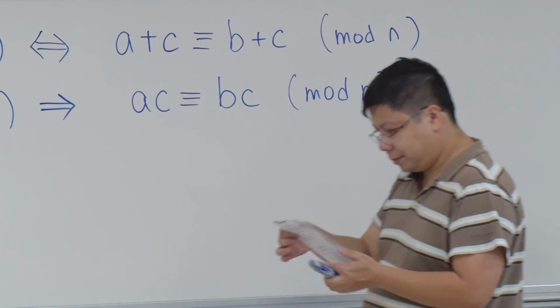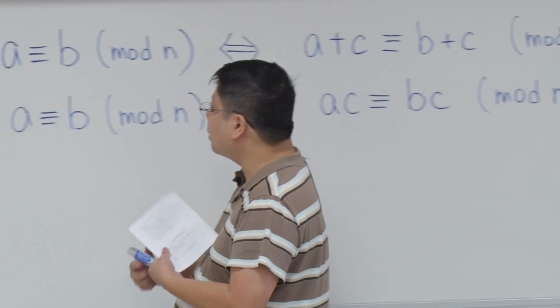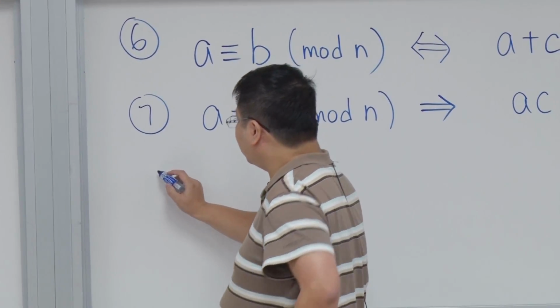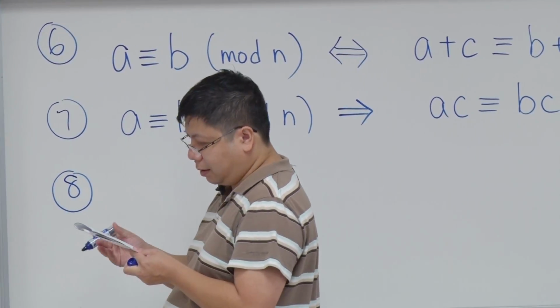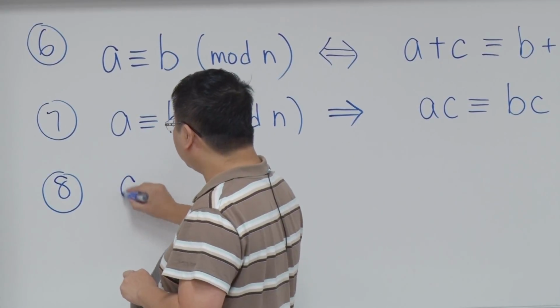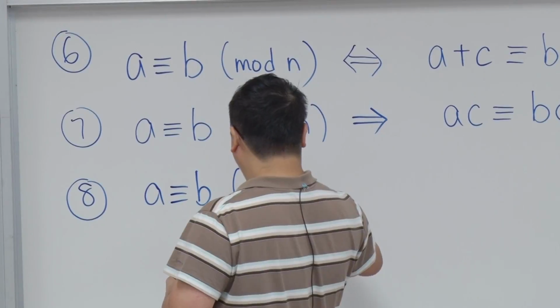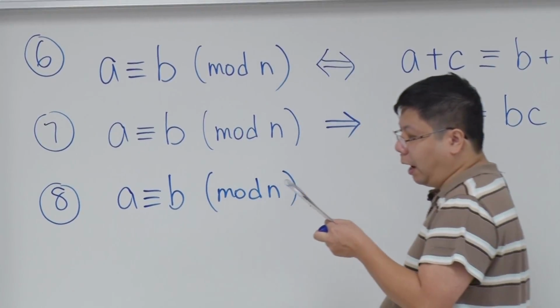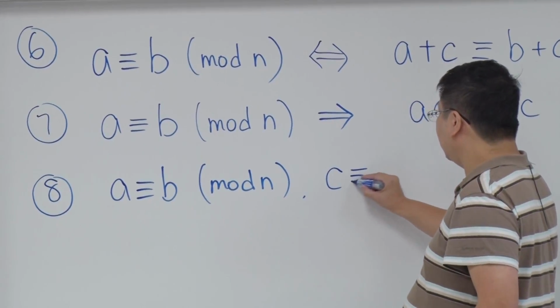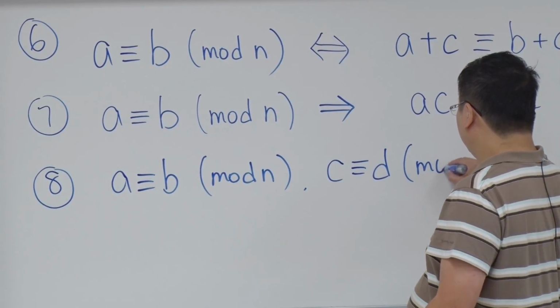And what's next? The next is, okay, so this is going to be easy. Suppose that this time A is the same as B mod n. And then we have also C is equal to D mod n.